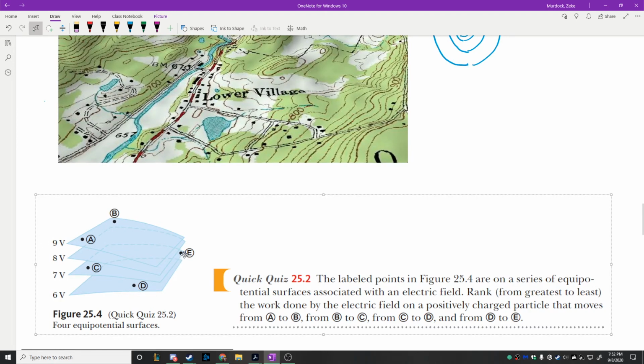It looks like E is on the 7 volt surface, so is C, and D is on the 6 volt surface. It says, the labeled points in the figure are on a series of equipotential surfaces associated with an electric field. Rank, from greatest to least, the work done by the electric field on a positively charged particle that moves from A to B.